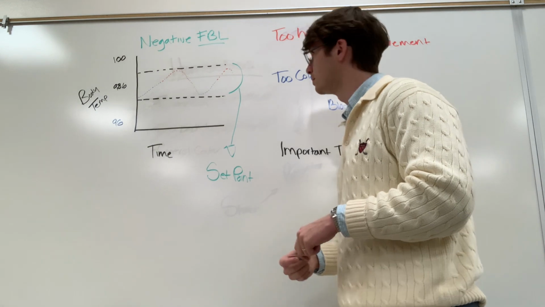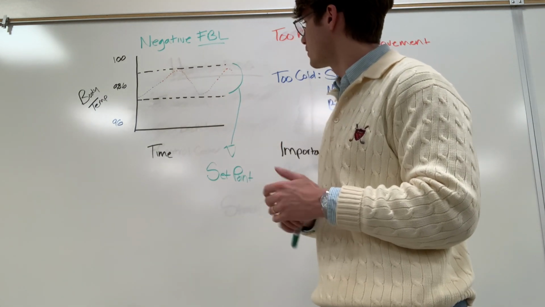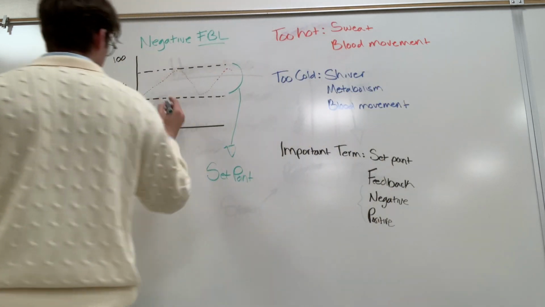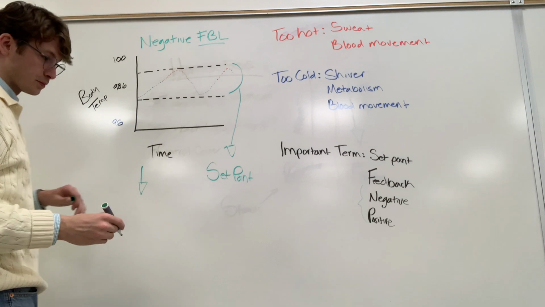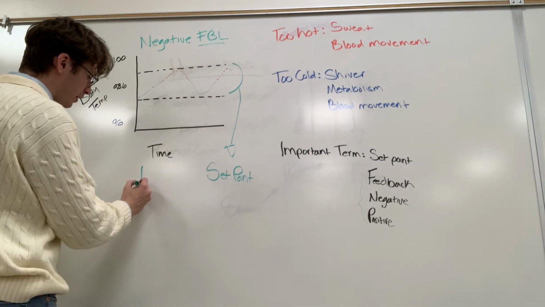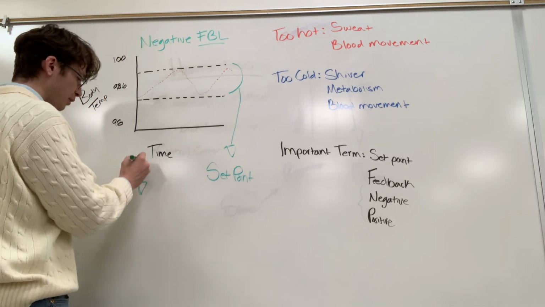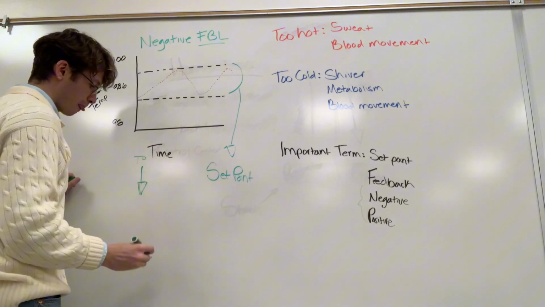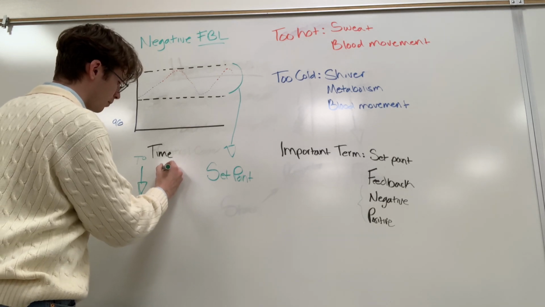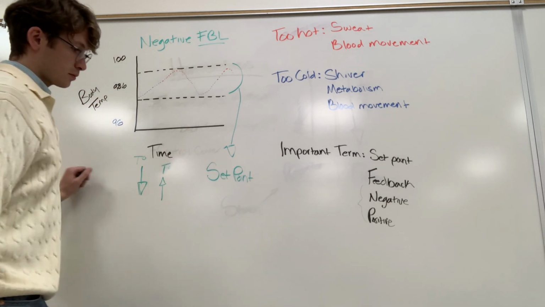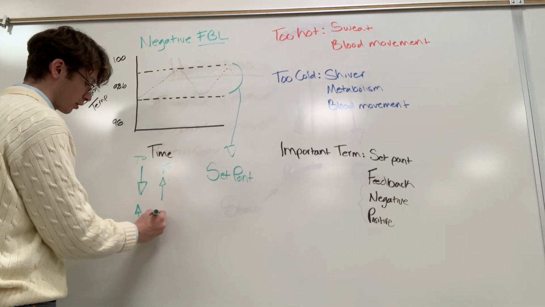But in this situation, we refer to it as negative because, let's say, as the system is going down, so as temperature is going down, our bodies are going to react negatively to what it's receiving. So if temperature is going down, then our bodies are going to push it back up. And if it's going too high, then our bodies are going to push it back down.